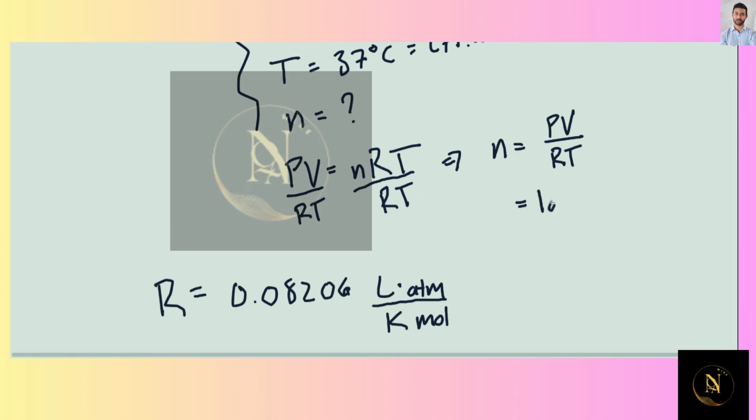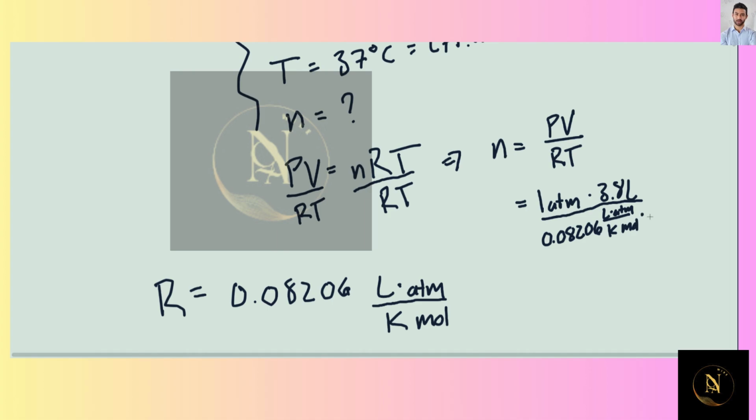Now we can plug in our values. P was 1 atmosphere. Our volume was 3.8 liters. R, we said, was 0.08206 liters times atmospheres over Kelvin times moles.